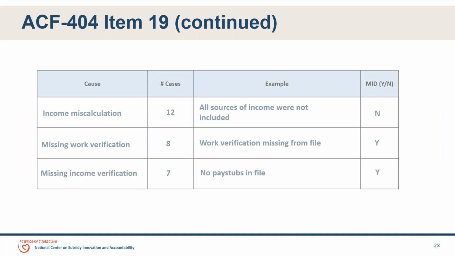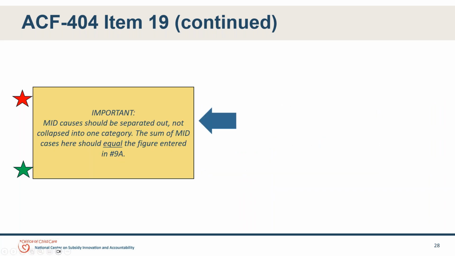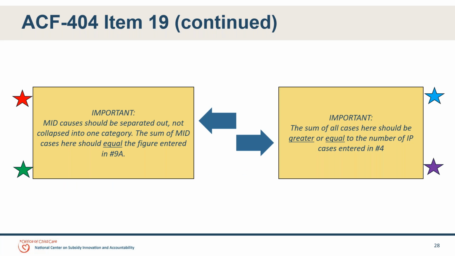So again, I'm going to go back really quick. Summing up these numbers, 12 plus 8 plus 7, that result needs to be either greater than or equal to what you have entered back in item 4 of the report, which asks how many improper payment cases you have.